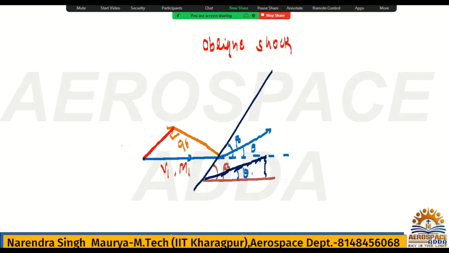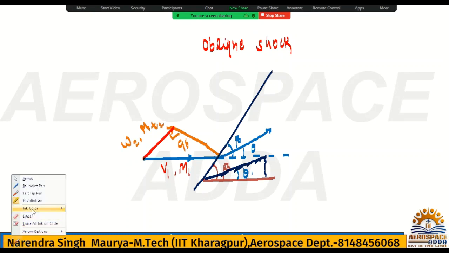So the tangential component will be represented by W1, and this Mach number will be MT1, because it's upstream, so I will represent it by 1. W1 and MT1.